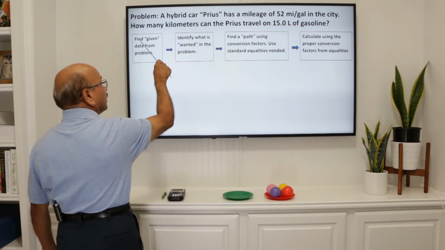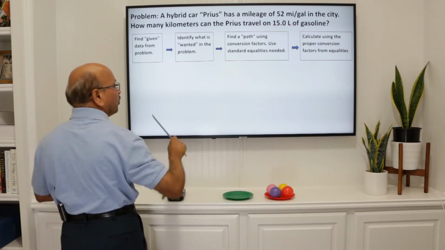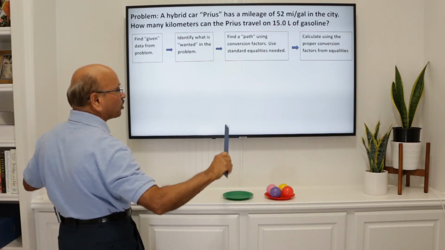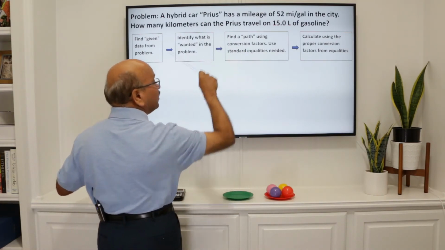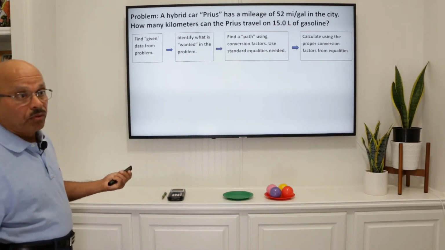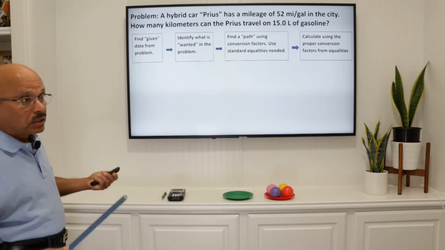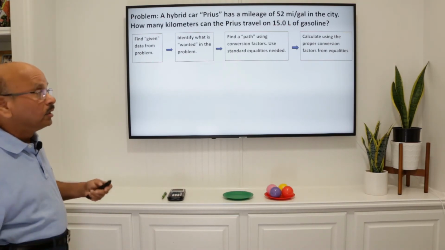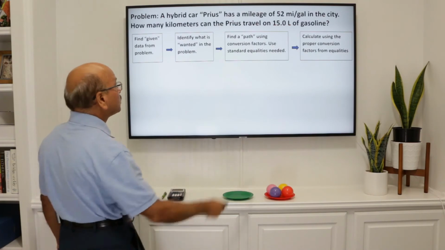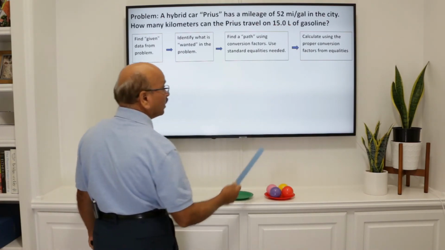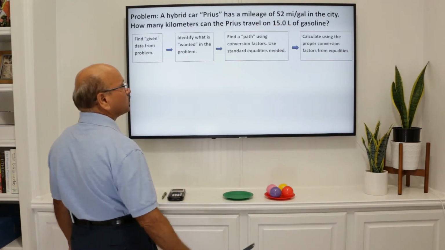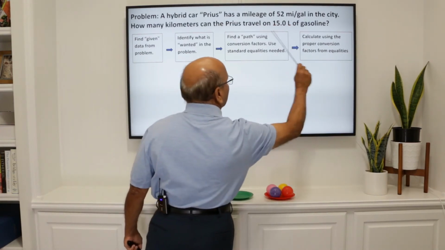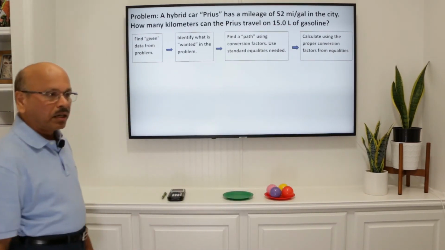Starting from the given to the wanted, you have to find a path of conversions. And if the data given in the problem is not enough, you can also look for standard equalities to find conversion factors. So use standard equalities if you need them. Finally, use all those conversion factors and then come to the wanted thing by calculation.